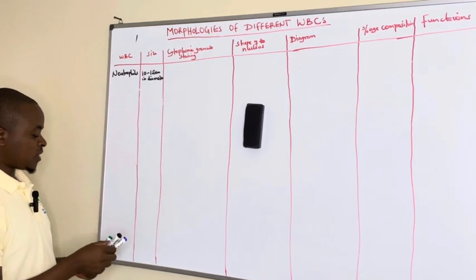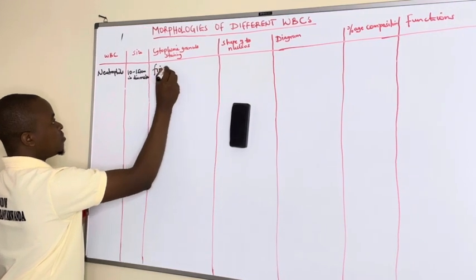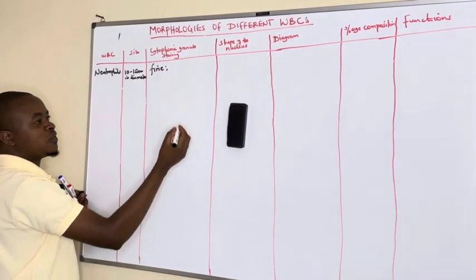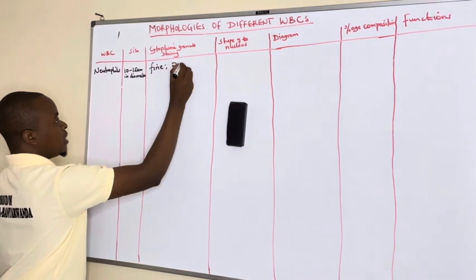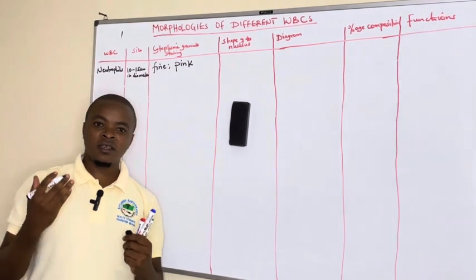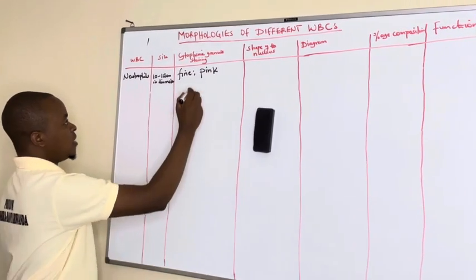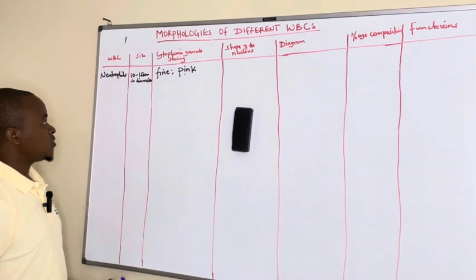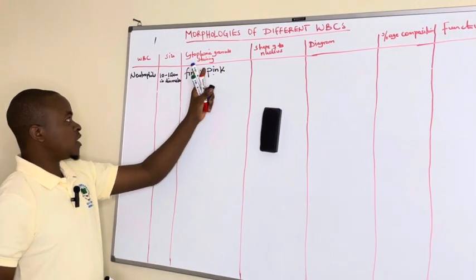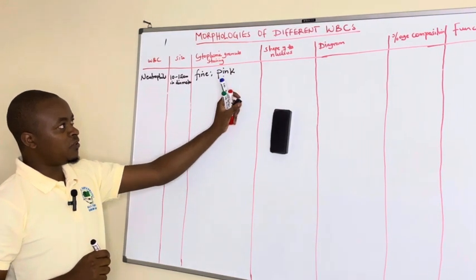They have fine cytoplasmic granules, and these granules stain pink. The word neutrophil comes from the fact that it takes both the eosine and the methylene blue. So it is neutral, and it ends up staining pink in color. So it has fine cytoplasmic granules that stain pink under Romanowski stained thin film.